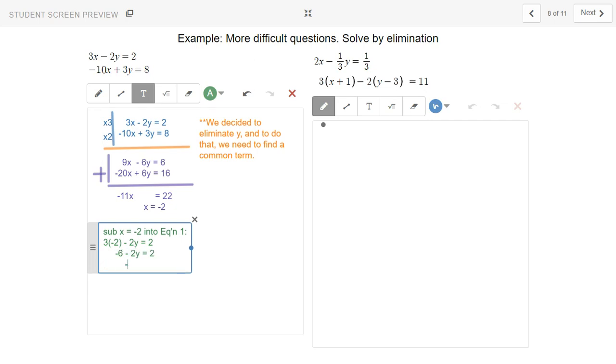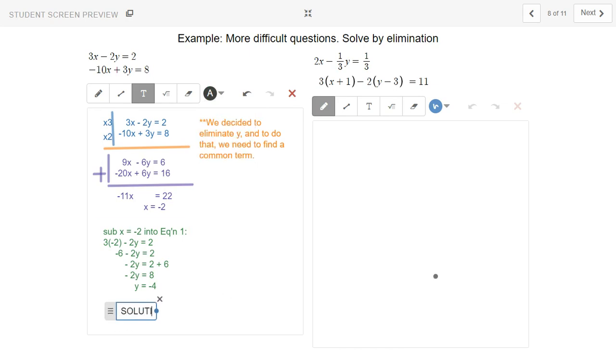And we continue to simplify. Negative 2y is equal to 2 plus 6. Negative 2y is equal to 8. And we get y is equal to negative 4.